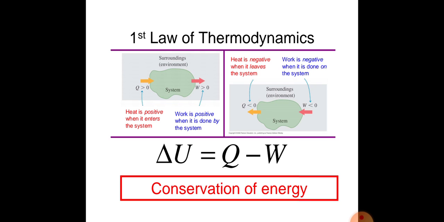And in the second figure we see that heat is negative when it leaves the system, and work is negative when it is done on the system. Meaning when we get work from the system, the work is positive, and when we do work on the system, the work is negative.